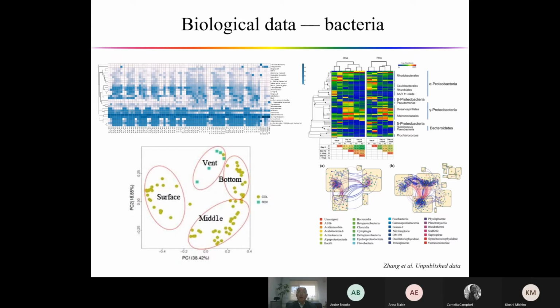We also found hydrothermal vents housed very different microbial communities from those in the overlying water column. The bacteria that are involved in sulfur cycling are abundant in the vent communities, which cause the difference in communities.